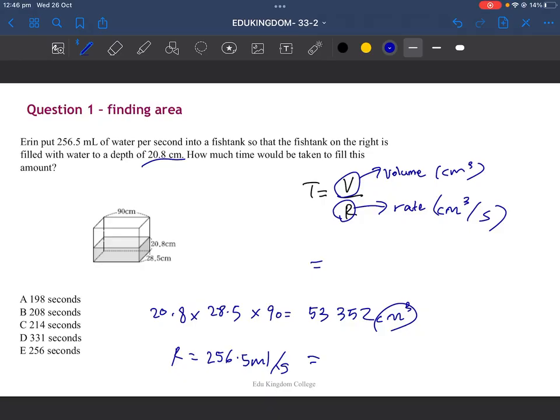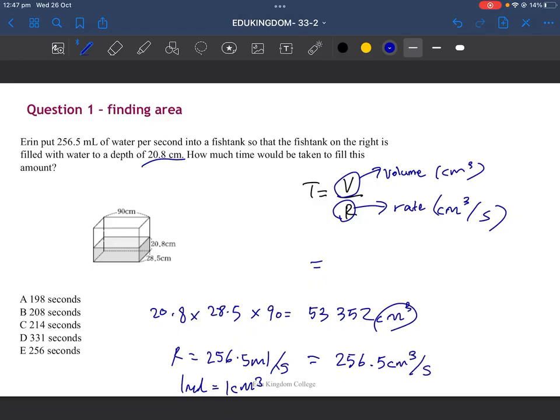So we refer to the unit exchange of 1 milliliter equal to 1 cubic centimeter. If you didn't know that, you should write that down, or at least remember it, because it'll be very important. Since 1 milliliter is equal to 1 cubic centimeter, this rate is also 256.5 cubic centimeters per second.